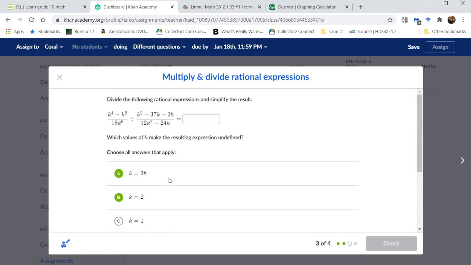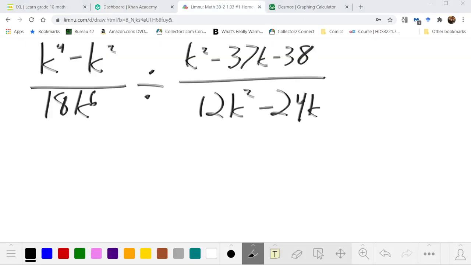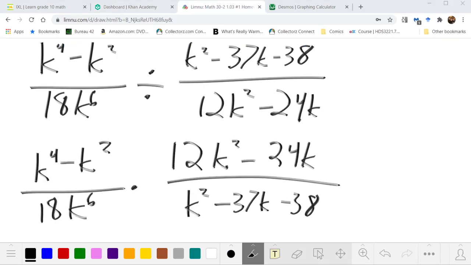So our last step is to do our simplification, which again we will do on the whiteboard. Our first step is always to transcribe the question. Then we're going to reciprocate our second fraction, because dividing by a fraction is the same as multiplying by the reciprocal.